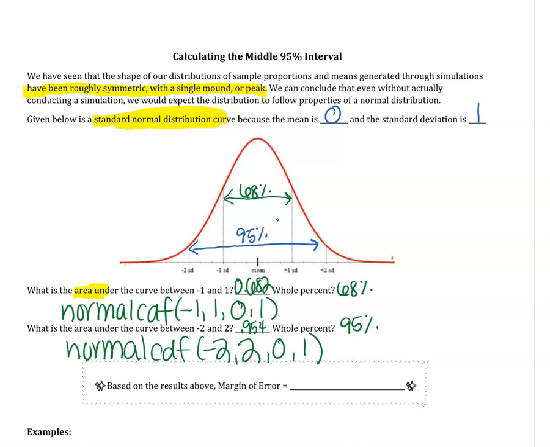That means that's your middle 95%. Now, we just said on the previous page that this amount that you swing above and below the mean is called your margin of error, which helps you figure out your middle 95%. So looking at the x-axis here, I'm noticing that margin of error is equal to 2 standard deviations, which makes up my middle 95% when I swing the margin of error either way. So based on the results above, margin of error is just 2 times the standard deviation.